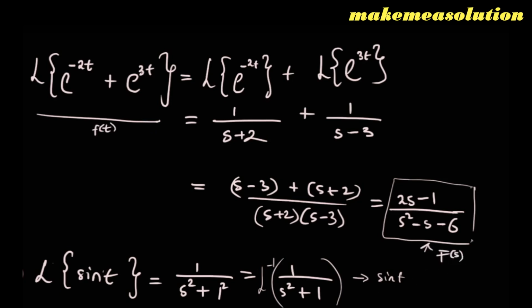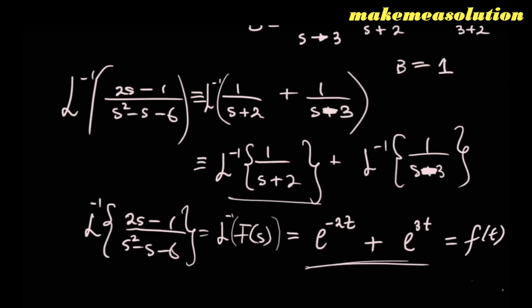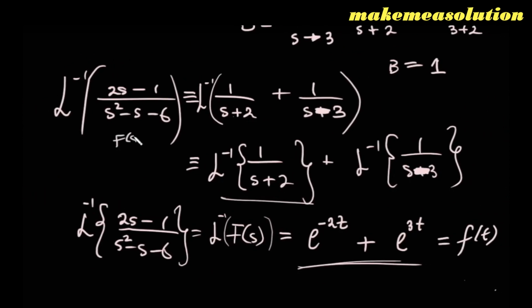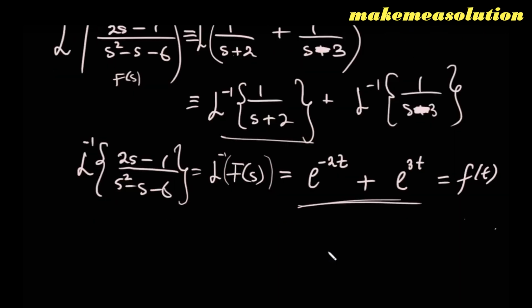When we took the inverse from f of s, we have now arrived at f of t. There are many times that your partial fraction will lead you to finding the inverse Laplace transform that will land you at trigonometric functions, and trust me, you're going to see most of those examples.